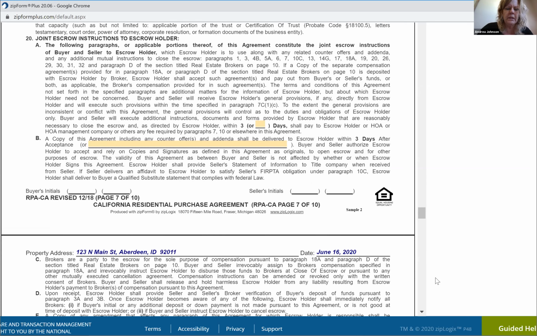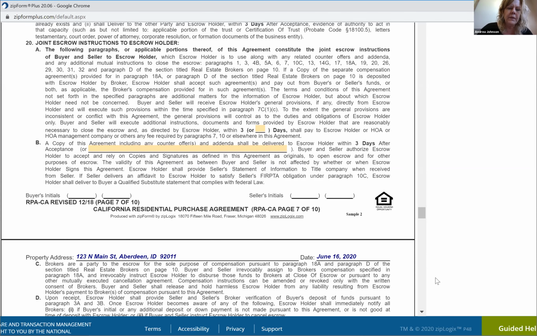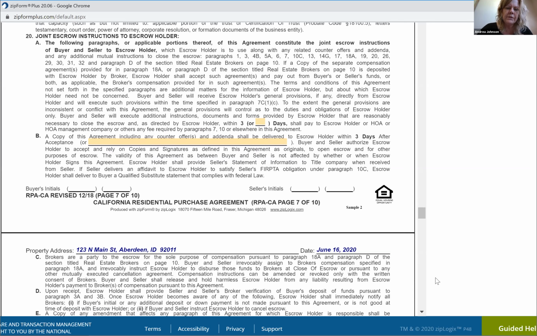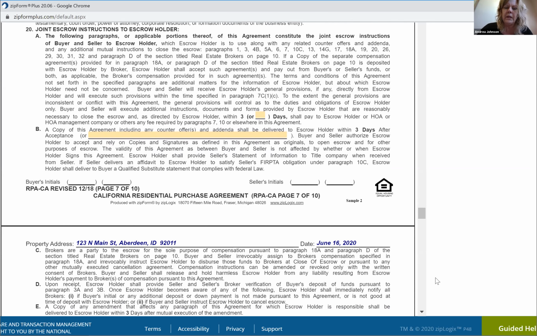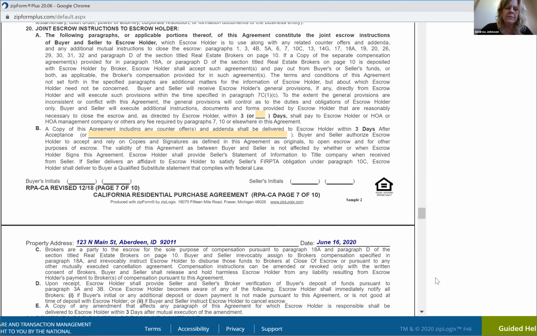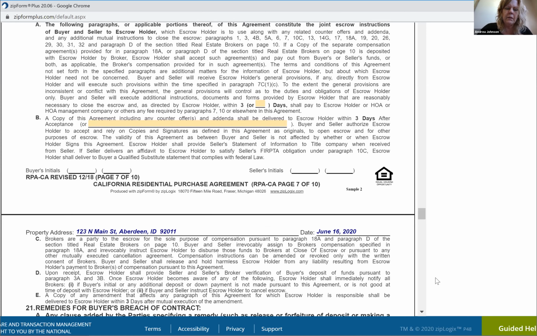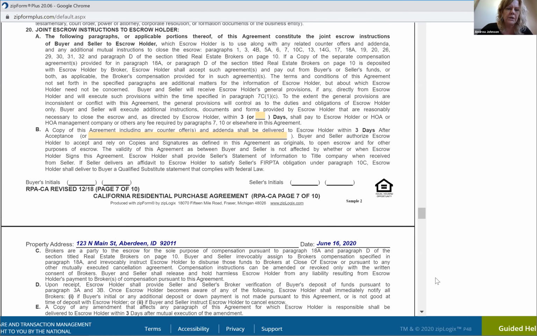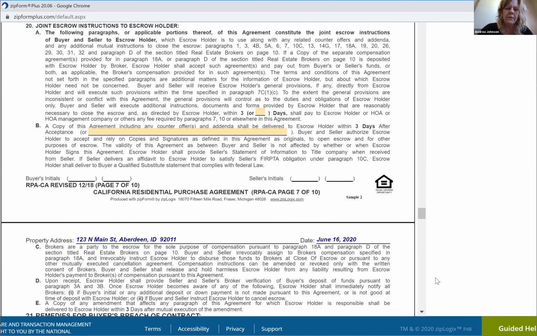We'll look at the RCSD. It looks like we're going to have some time to look at that later once we get through a little bit more of this. The joint escrow instructions to the escrow holder. This paragraph is just saying that this document and all of the addenda, counteroffers, and so forth that become part of this document because they have mutual agreement, those items collectively become the basis of the escrow instructions that the escrow holder is going to prepare.